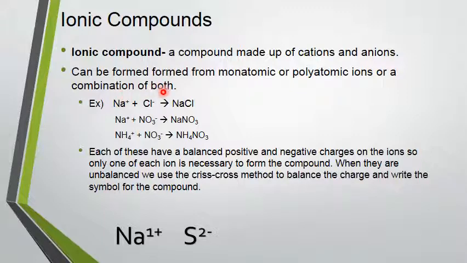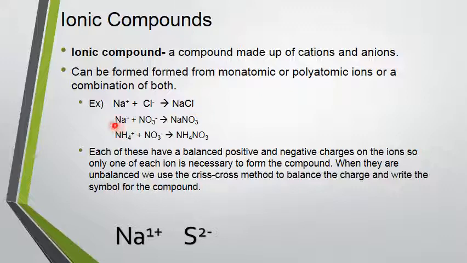With that one positive and one negative charge, they can come together, form sodium chloride, NaCl. So that positive and negative cancel each other out and attract to each other, and we get a neutral compound. When we write the compound, these two things together, we don't show the charges because once they're attracted to each other, those charges cancel out, and we don't want to see them anymore. That's what shows us that it's neutral.